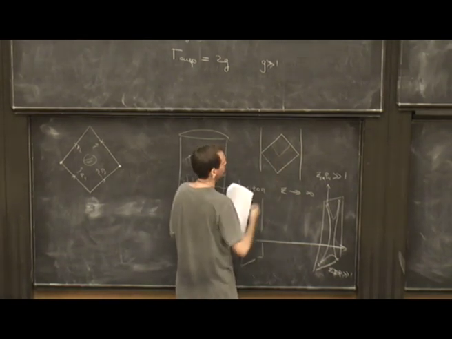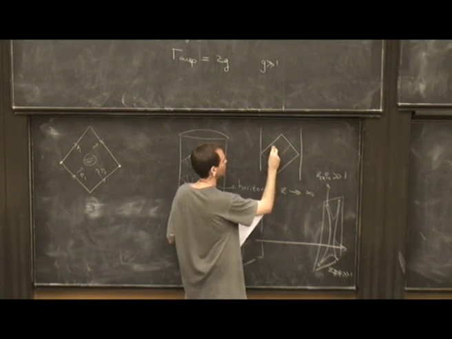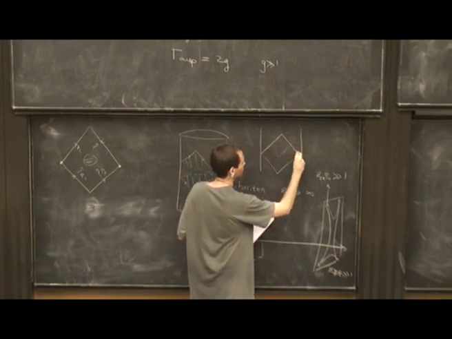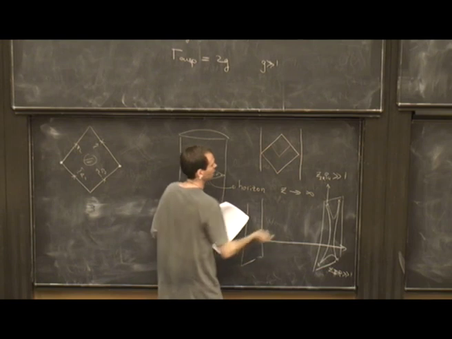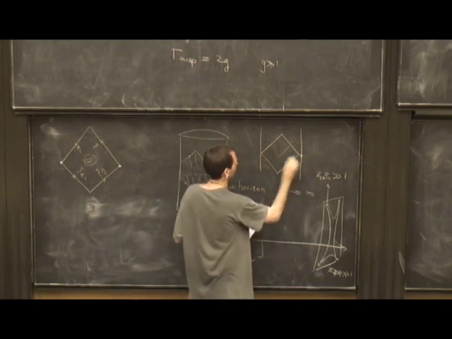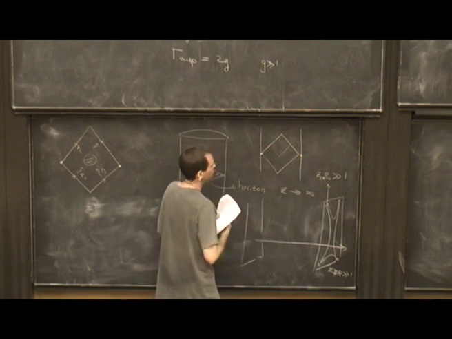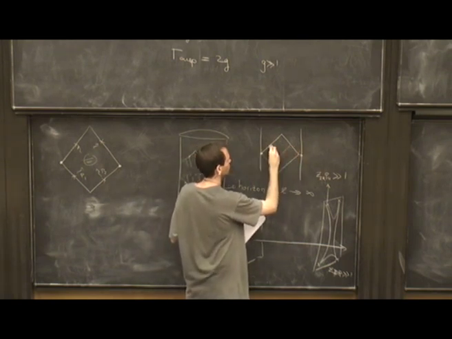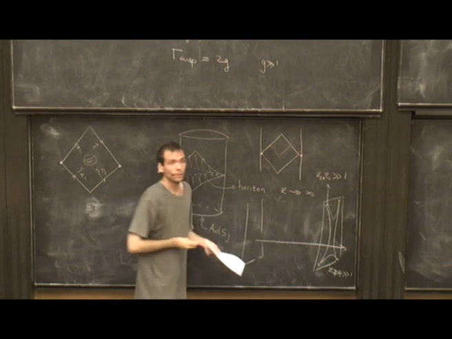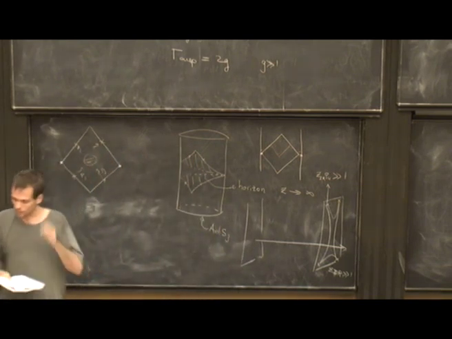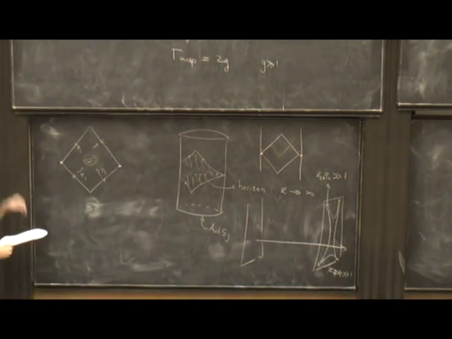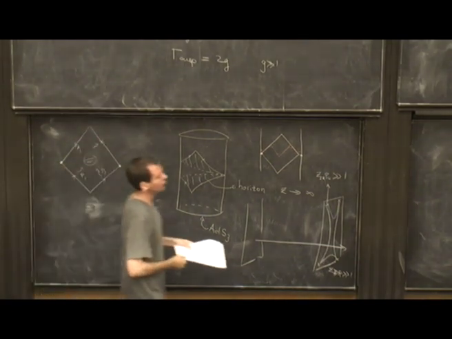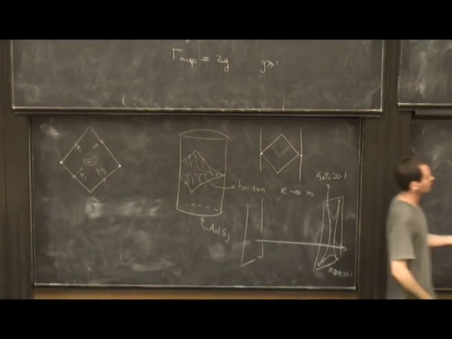And the string itself extends beyond this point and touches these 2 lines. And these are identified. So you see that the full object actually has 1, 2, 3, 4 cusps, but only one is visible in this patch.